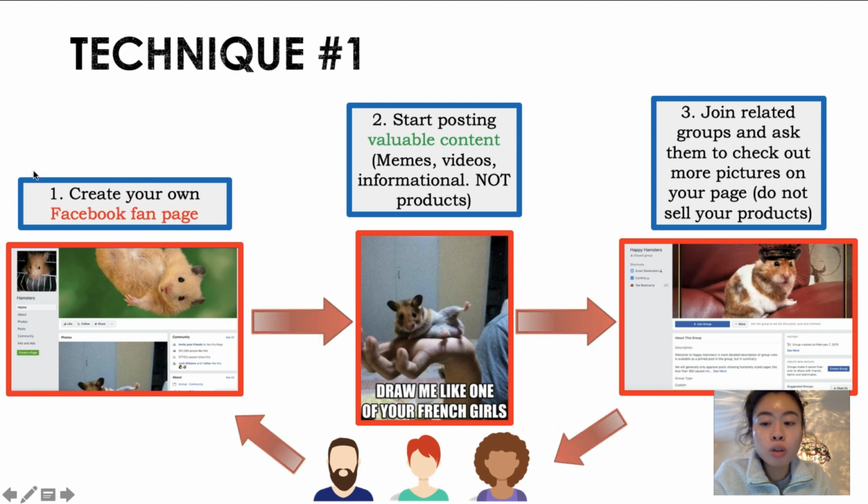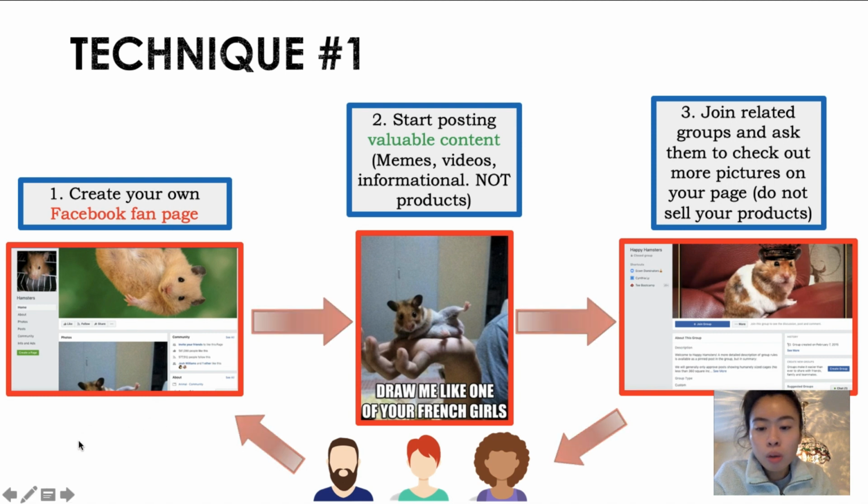You're just trying to show them, hey, just join my page. And this is how you're going to start generating that free traffic inside of your Facebook, okay? And this is how you're going to start building literally a passionate fan base, okay? And that is what you need when you are starting out in any type of print-on-demand business.